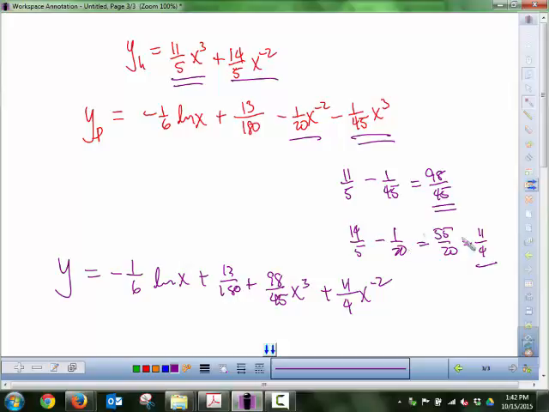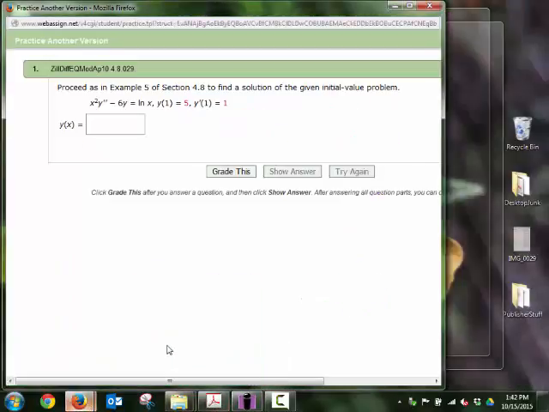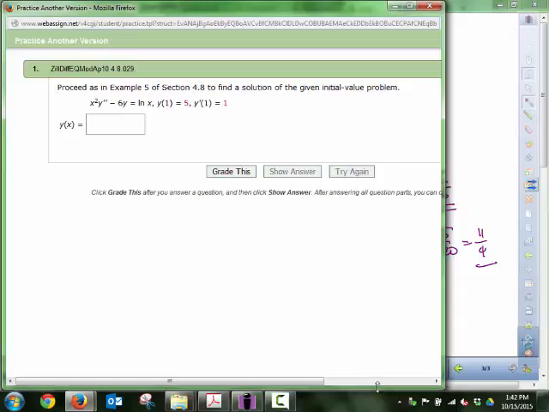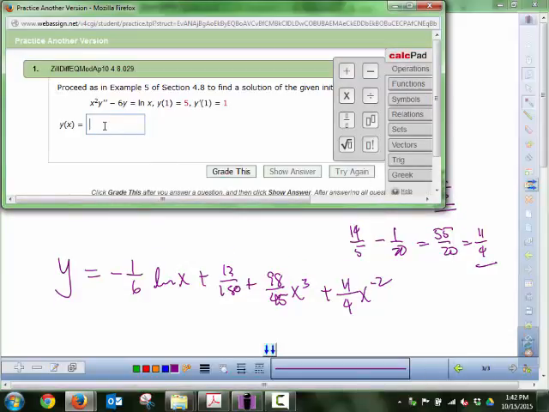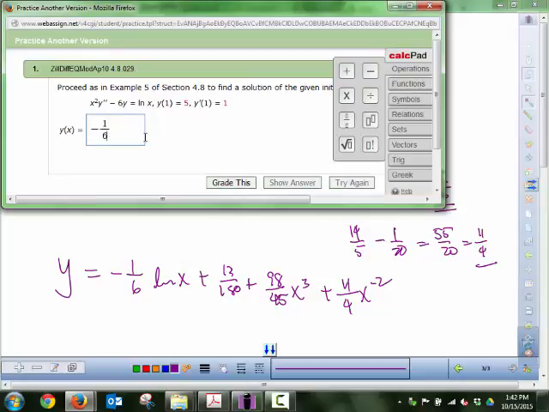All right. See if we hold our breath here. Oh wait, I'll hold my breath when I submit because that's a long time. So plus 13 over 180.